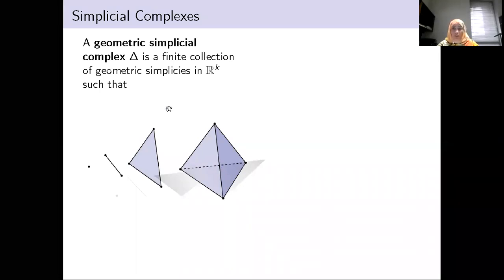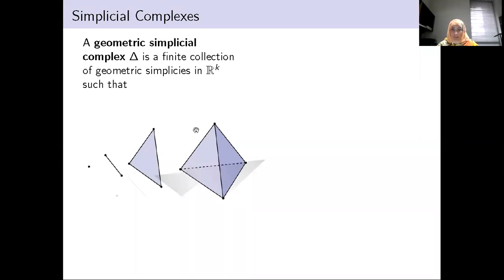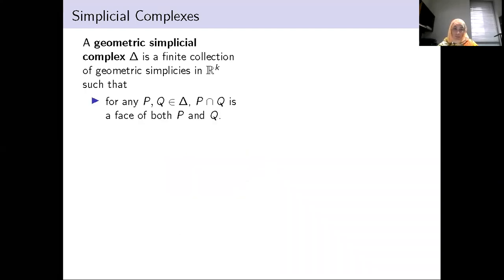Okay, so a simplicial complex consists of a finite collection of these geometric simplices, but how are they joined or placed in R^k, which is a Euclidean space? If you pick two simplices P and Q from this collection, then their intersection is either empty or just a face of both P and Q, which means that we are not allowing such pictures in our simplicial complex.